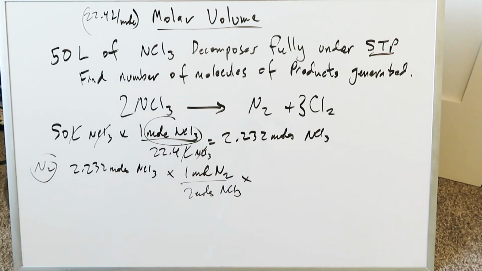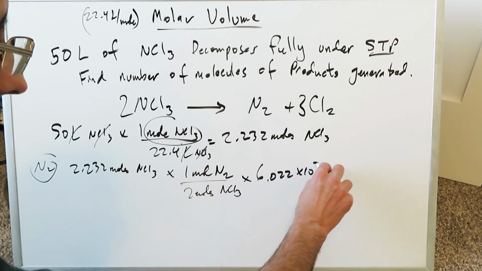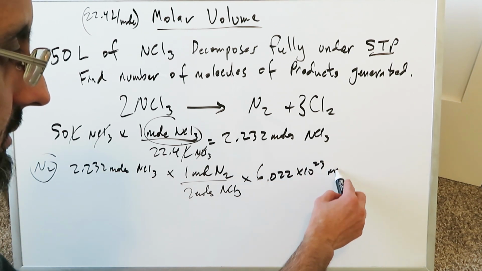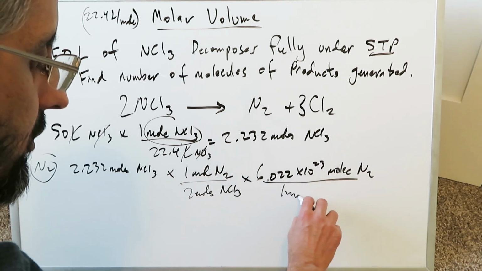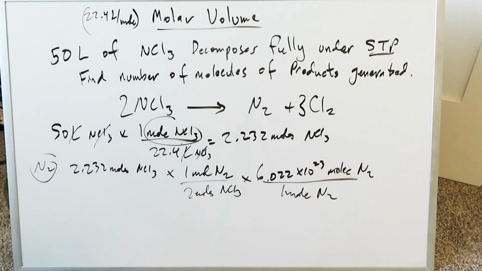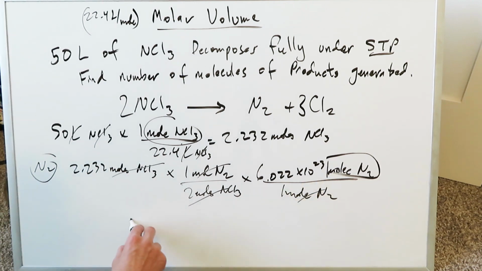Now bring in Avogadro's number: 6.022 times 10 to the 23 molecules of nitrogen per 1 mole of N2. If everything is done properly, things will cancel out, and molecules of nitrogen remain. You just have to do this computation and it'll lead you to your answer for this specific product.